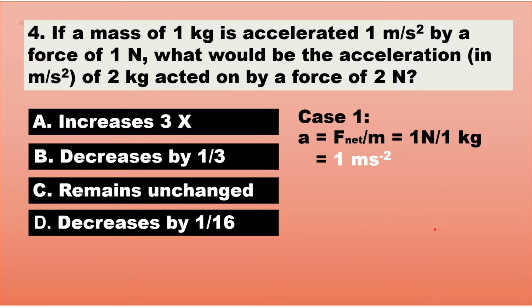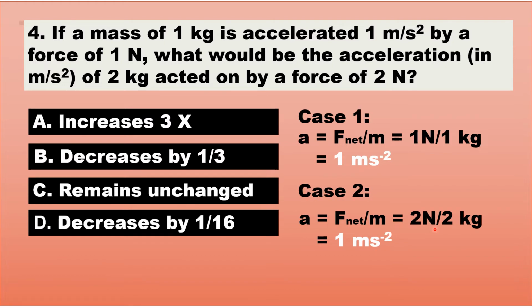Okay, so again, we do a quick computation, and we get for the F net, 2 newtons divided by the mass 2 kilograms, and the acceleration is 1 meter per second squared. So there is no difference in the acceleration for the two cases. That is why our answer is letter C.